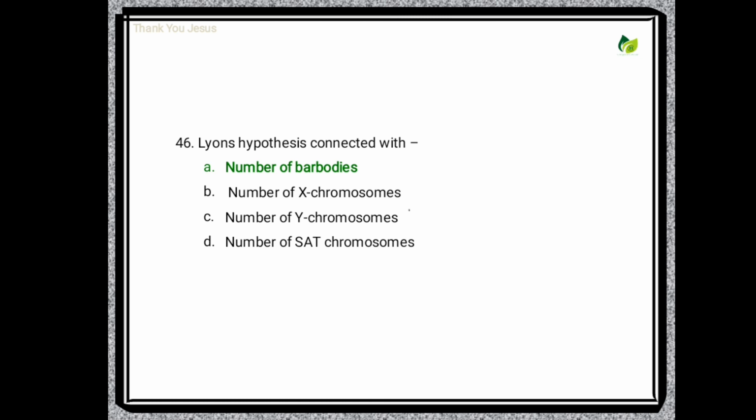Generally females have 2 X chromosomes. In somatic cells of females, one of the 2 X chromosomes is inactivated by lyonization. This inactive X chromosome is called a bar body in somatic cells.